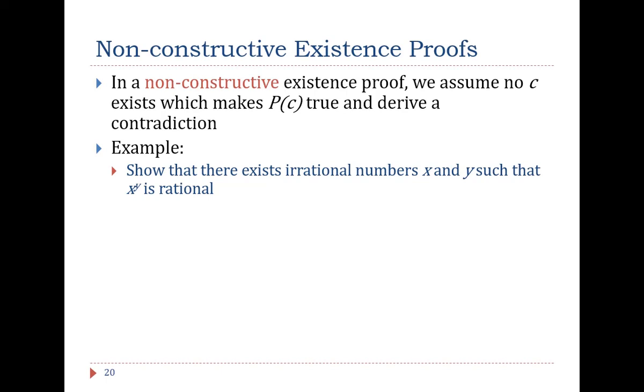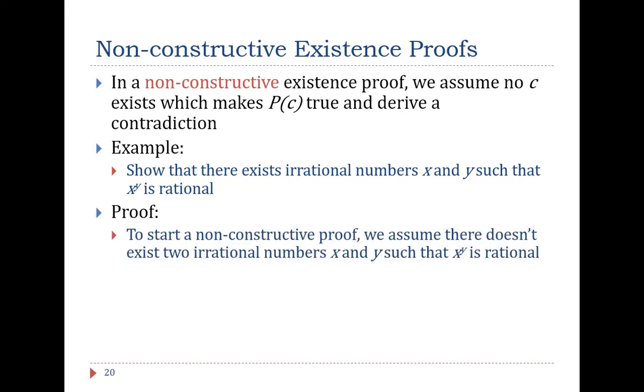So in this way you can proceed in a non-constructive existence proof, where, for example, you assume that there is no C such that P of C, and then you get a contradiction at the end. So in this example, for instance, we can say that we cannot find any two irrational numbers x and y such that x to the power of y is rational.